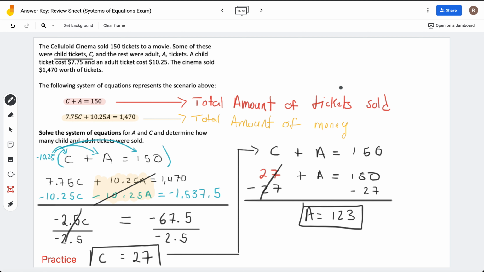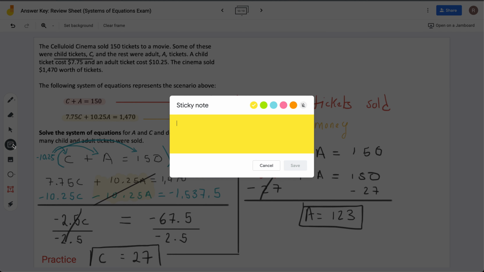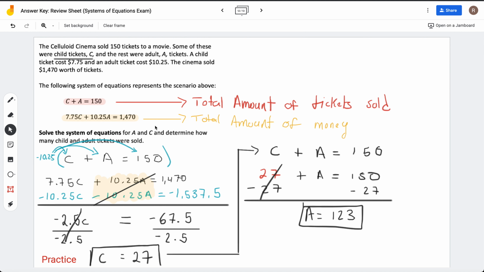One thing I want to emphasize whenever you're doing a word problem is that you want to write a concluding statement that answers the question that was asked. The question was, solve the system of equations for A and C and determine how many child and adult tickets were sold.